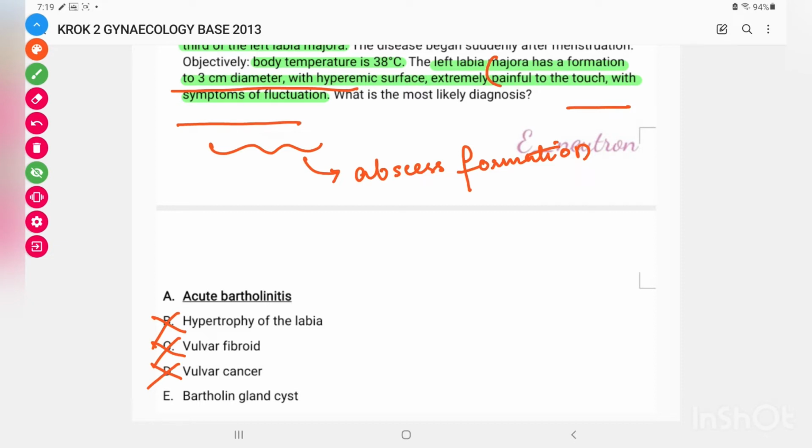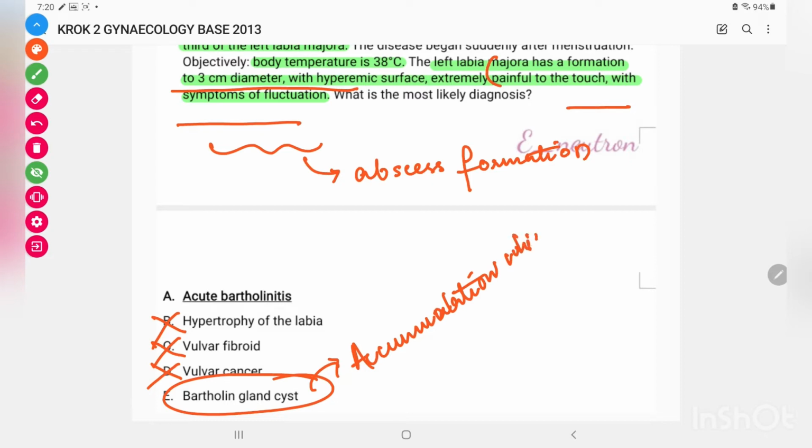So always remember, in Bartholin gland cyst, there is some accumulation which basically blocks the gland.